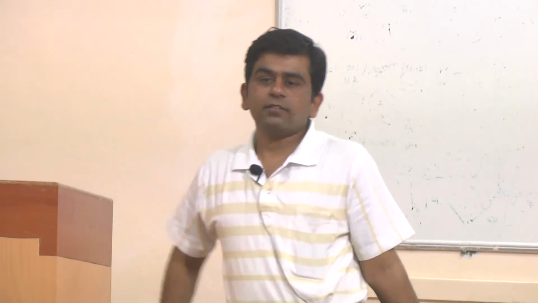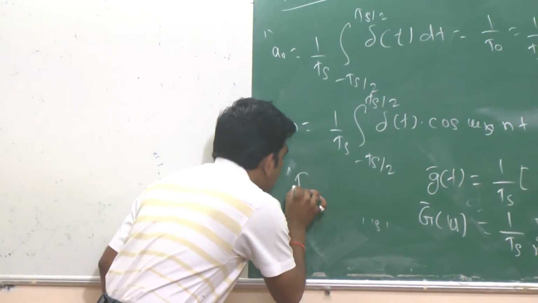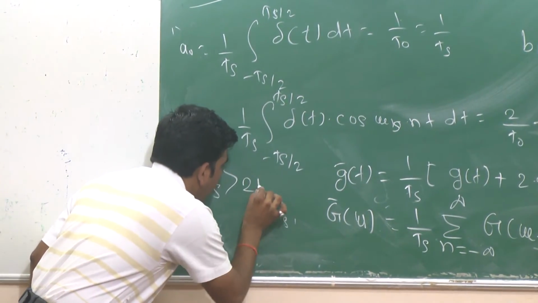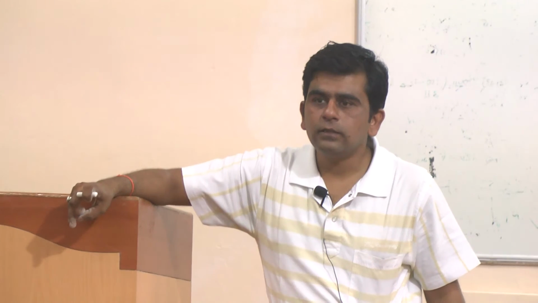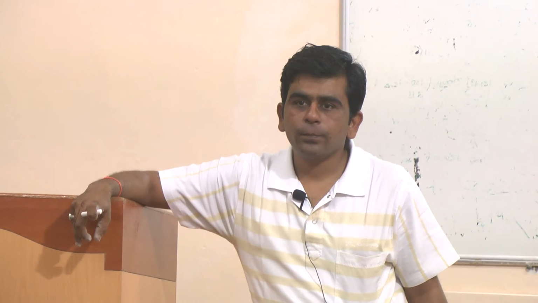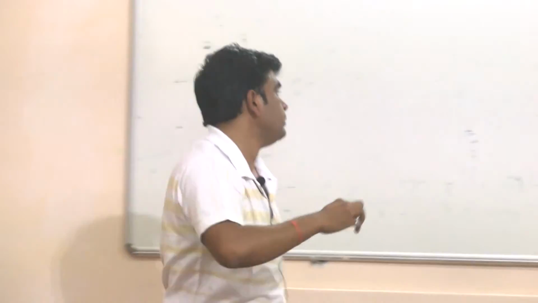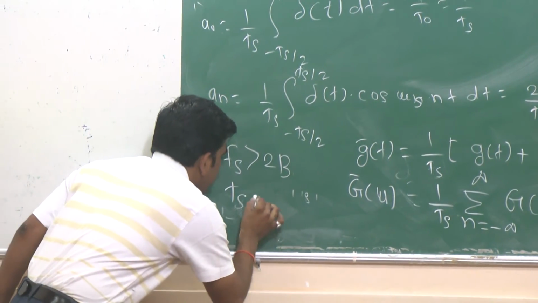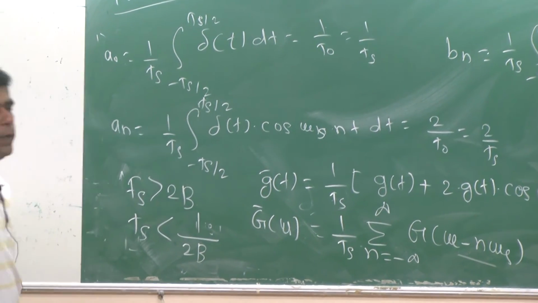For this we require the sampling frequency fs to be greater than 2B, 2 into capital B, and capital Ts should be less than 1 by 2B.